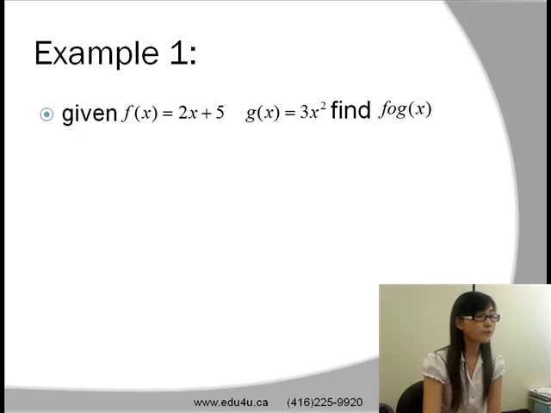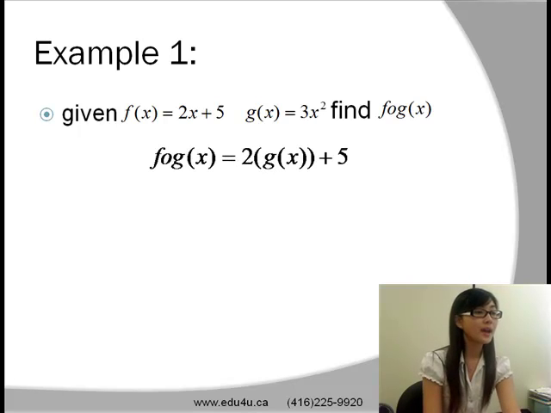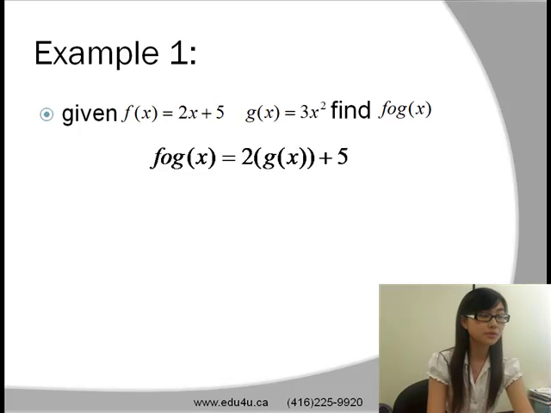Now let's look at example 1 from your learning resources. Given f of x equals 2x plus 5 and g of x equals 3x squared, find the composite of f of x and g of x. f of g of x will be equal to 2 in brackets g of x plus 5.